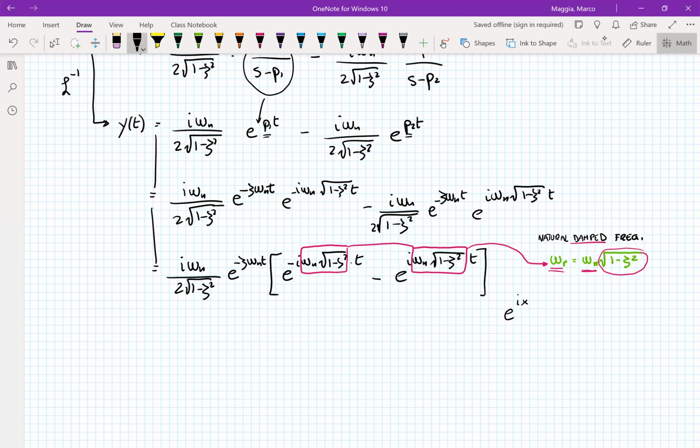And remember that Euler's formula tells us that e to the power of ix is equal to cosine of x plus I sine of x. And once again, we're going to do that because we don't want to have imaginary parts in our equation that should be real.